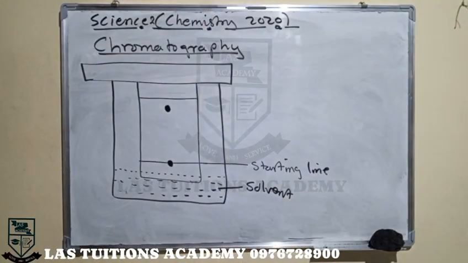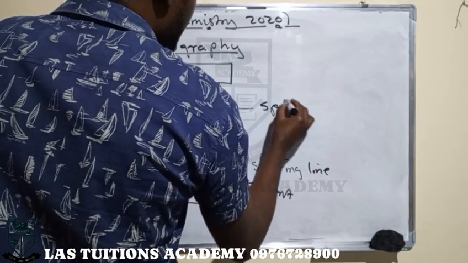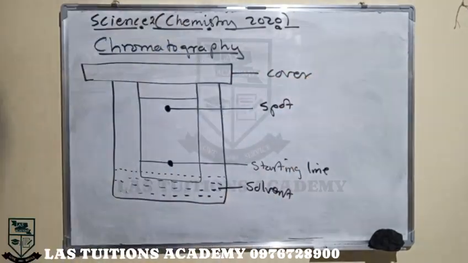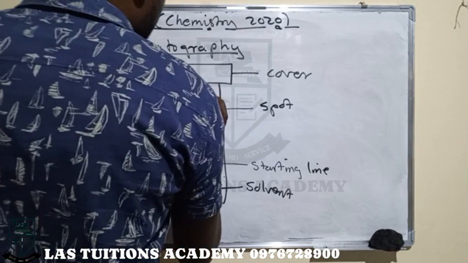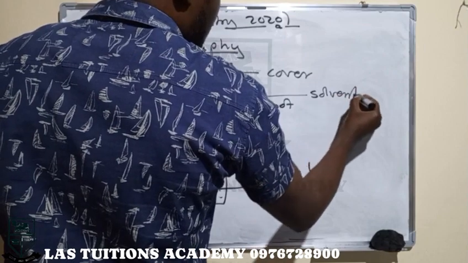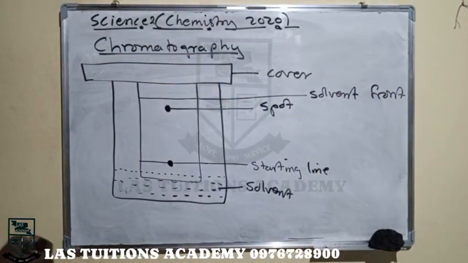I'll explain what that starting line is used for. And then this is the spot, and this is the cover, and this is the solvent front.